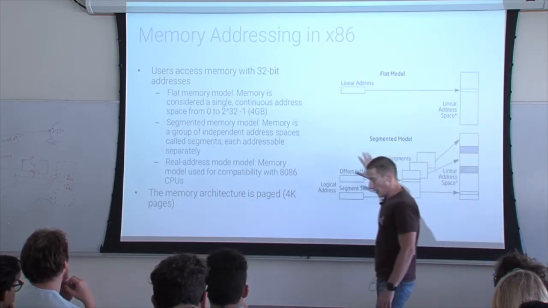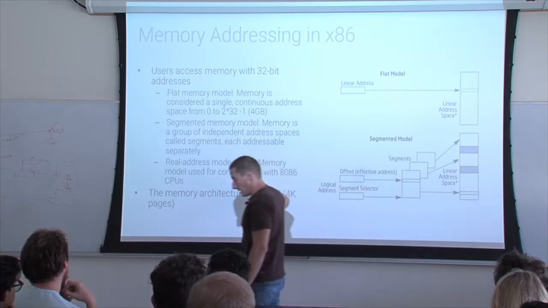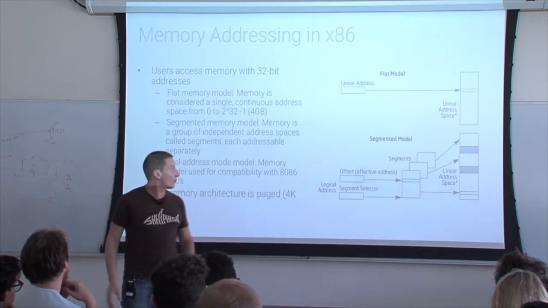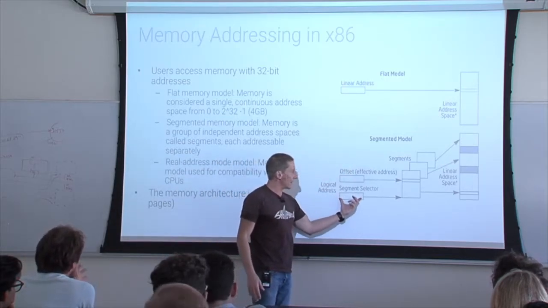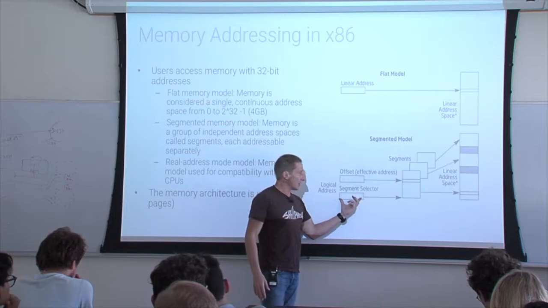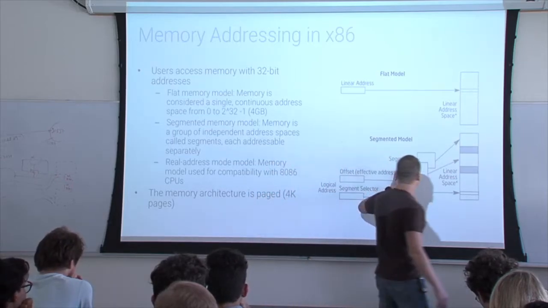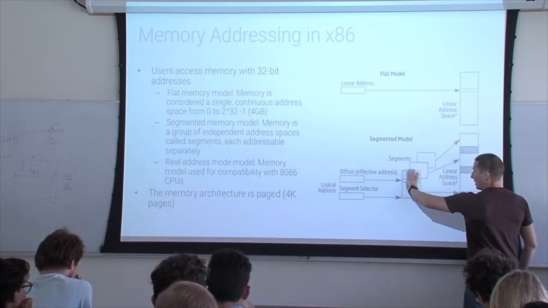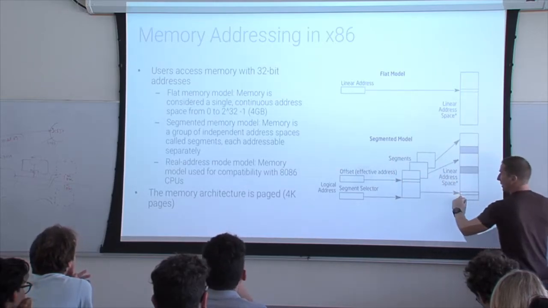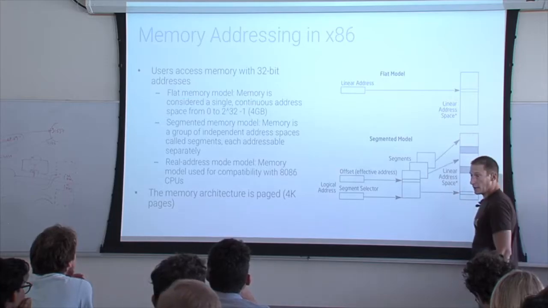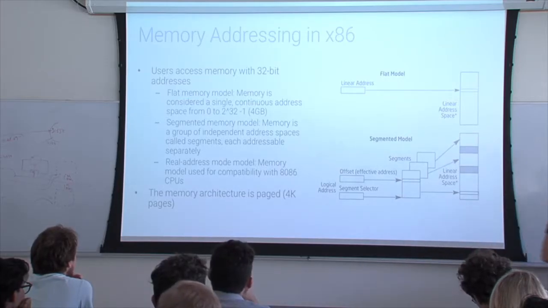This picture is taken, as I will mention later, directly from the Intel manuals. Or you have a segmented model, where the segment has a selector, and the selector describes a particular segment that is mapped to memory, and then the offset is an offset within that segment.